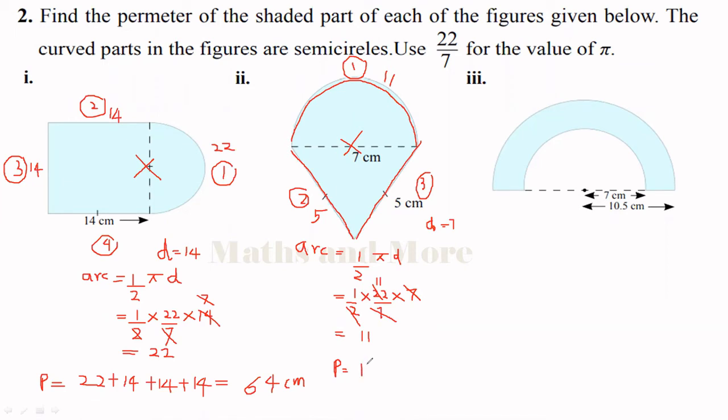So 11 plus this is 5 centimeters, 5 plus this length also 5. So add another 5. 5 plus 5, 10. 10 and 11, 21. So the perimeter is 21 centimeters.